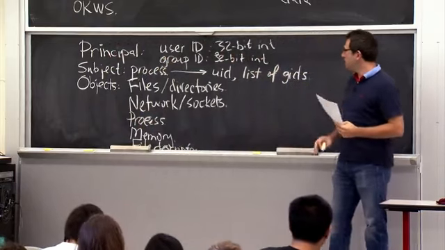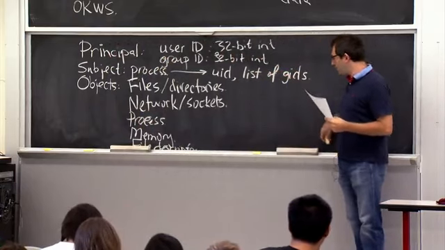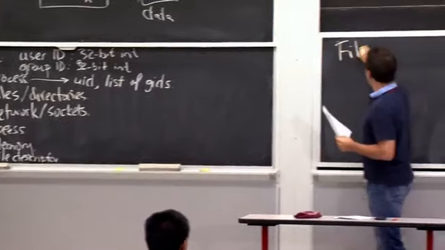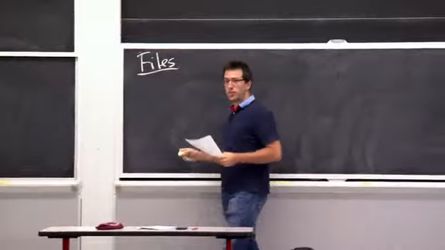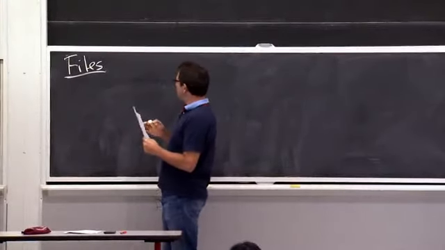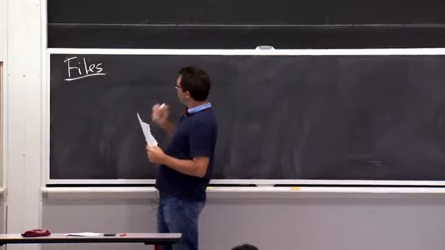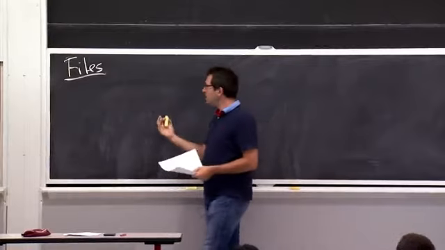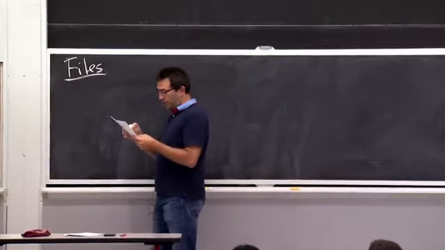So now let's talk about files, directories, and other kinds of objects. So what happens with files? How do Unix permissions for files work? Well, in Unix, every file has, well, actually, maybe a better way to start is to think of what operations we care about. For files, things are relatively straightforward.